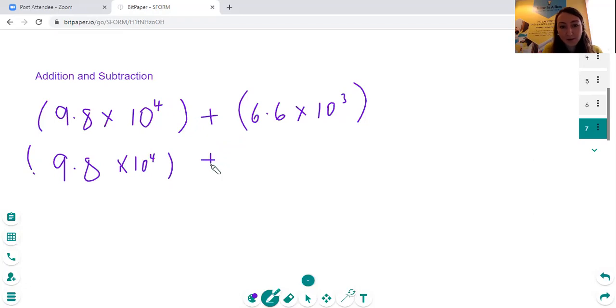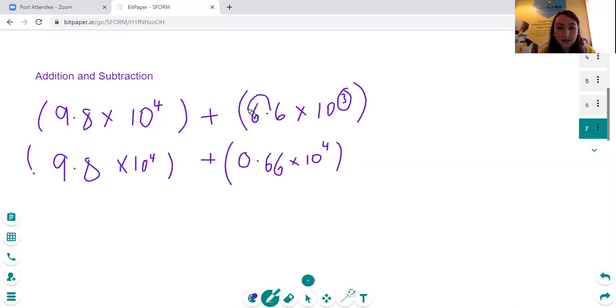But I'm going to make this one 66. Sorry. 0.66 times 10 to the power of 4. Okay, and the reason I've done that is because to increase that one to go up, we make the number smaller. So we go back.